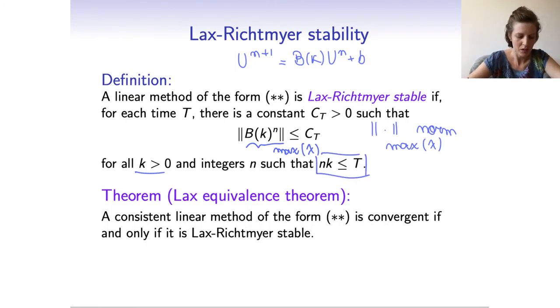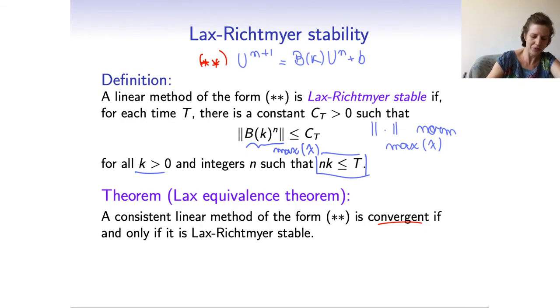Okay, so there is another theorem that's called the Lax equivalence theorem. A consistent linear method of this form here is convergent if and only if it is Lax-Richtmyer stable.